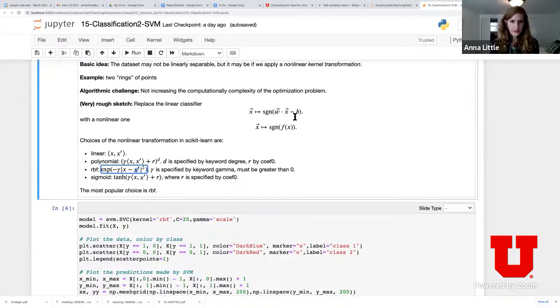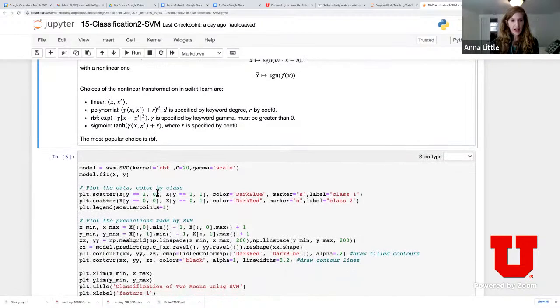Gamma here is a scale parameter, which is quite important to choose correctly to get good results. And as you can see, that comes into a lot of these functions. And then the last one is a sigmoid function, which is defined by a hyperbolic tangent of a linear function. And as I said, probably the most popular is RBF, so that's a good one to try.